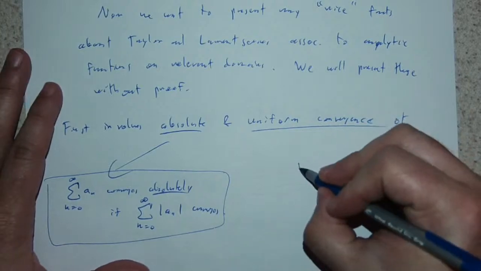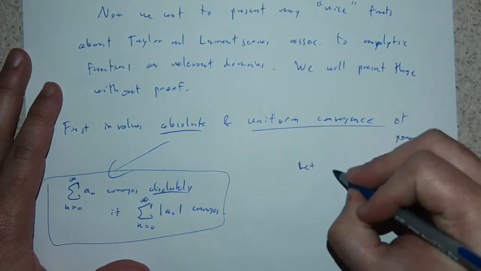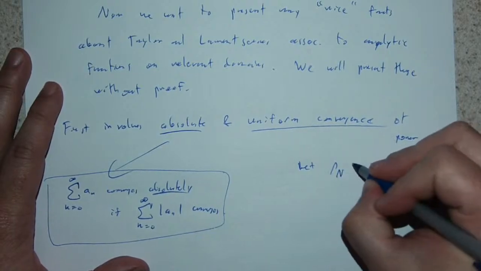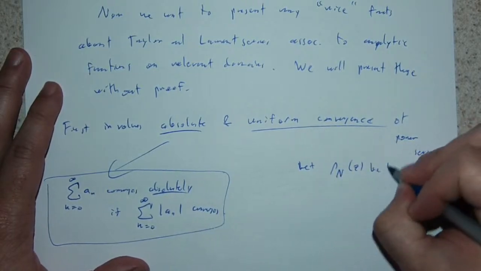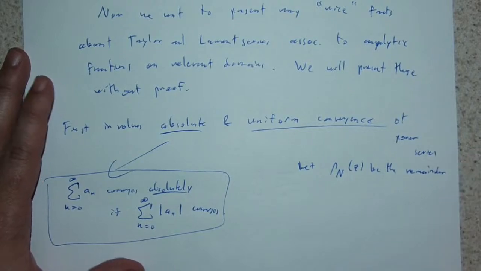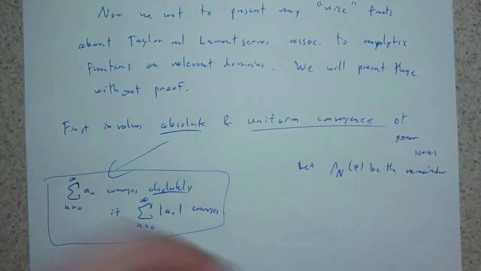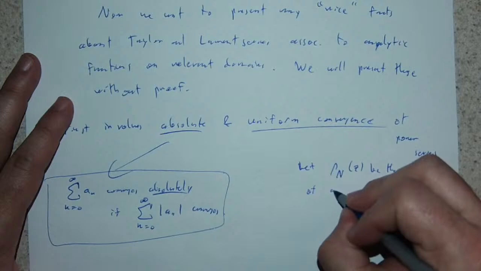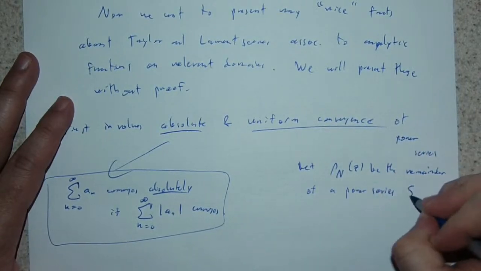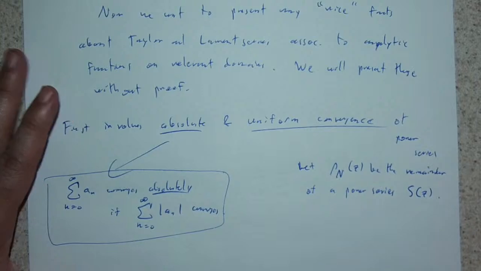Let rho sub n of z be the remainder of a power series, and we'll call the power series big S of z.